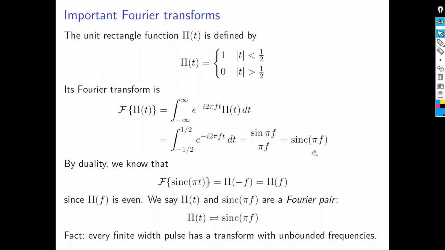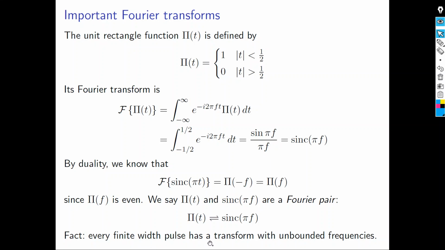Sinc is over continuous frequencies because it's a Fourier transform, but that was Fourier analysis at certain coefficients, at certain points. By duality, we know that the Fourier transform of sinc is equal to rect(-f), and it's equal to rect(f). Why? Because rect is an even function. The side here is similar to the side on the other area.